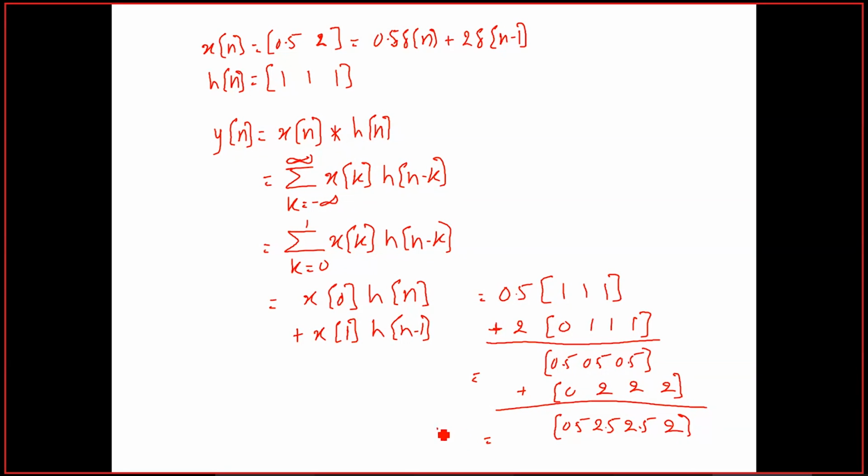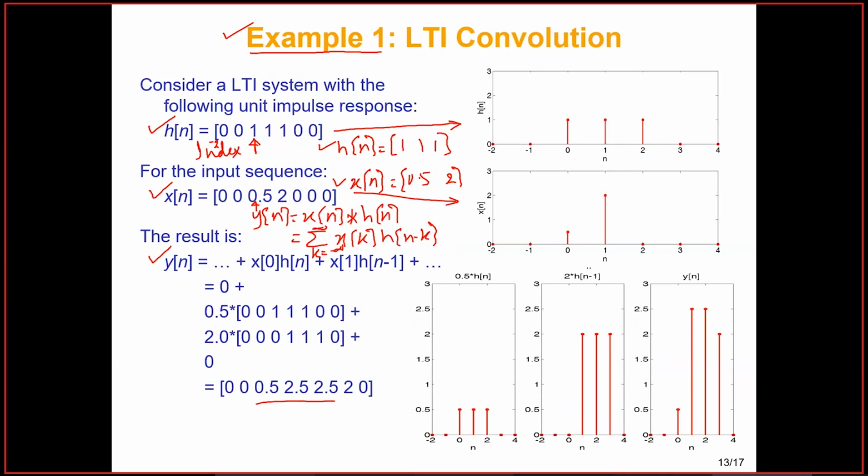So this will be your simple y of n. So we can just use simple mathematics and find out the answer. If we see it right here, this is exactly what they have done, and the answer is still 0.5, 2.5, 2.5 and 2, but they have not actually put an arrowhead right here. It actually starts from right there. So this will be your y of n.